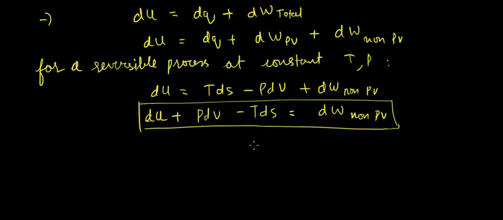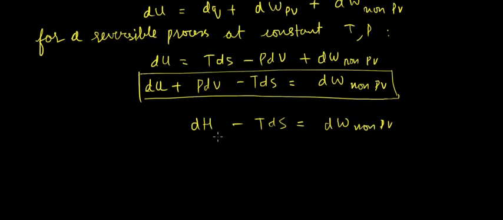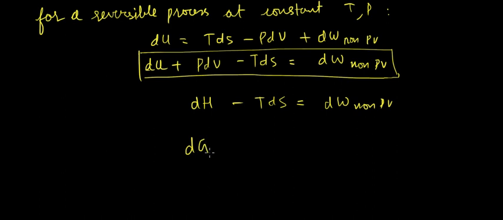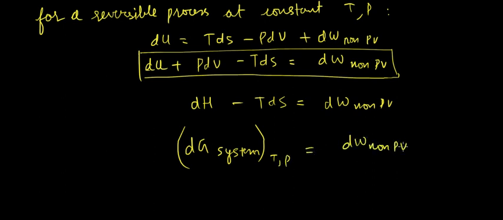Now we can see that dU plus PdV can be written as dH, so dH minus TdS would be equal to dW non-PV. And dH minus TdS can be written as dG of system at constant temperature and pressure, which equals dW non-PV.